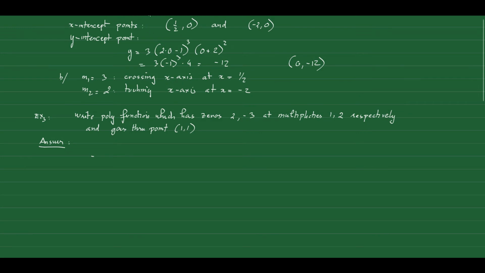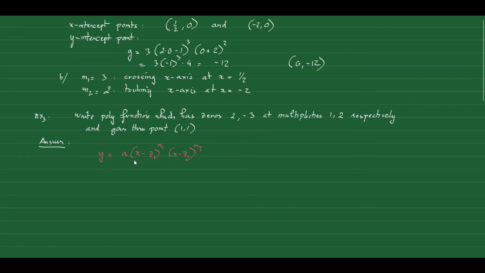So we have y equal to a times x minus z1 to the m1 and x minus z2 to the m2. We have only 2 zeros and 2 multiplicities. So this is the formula.